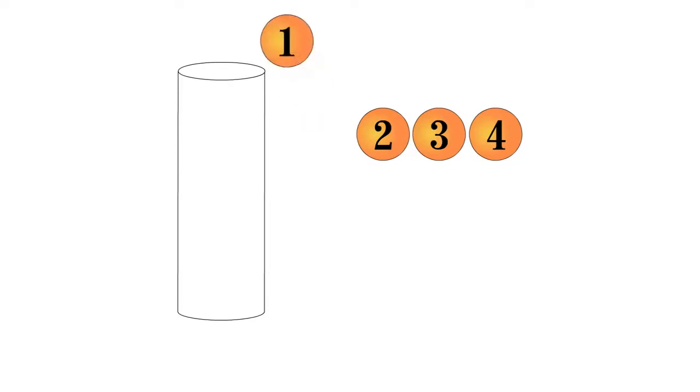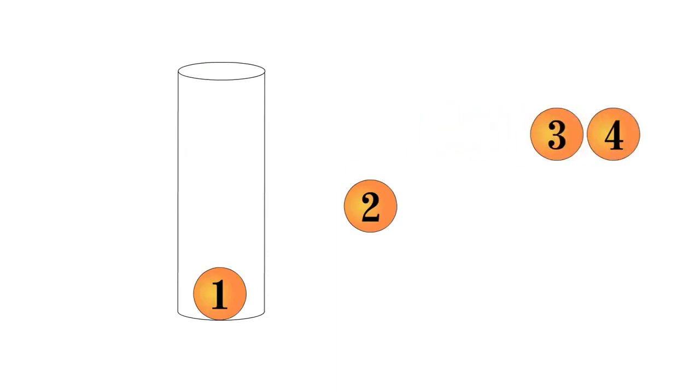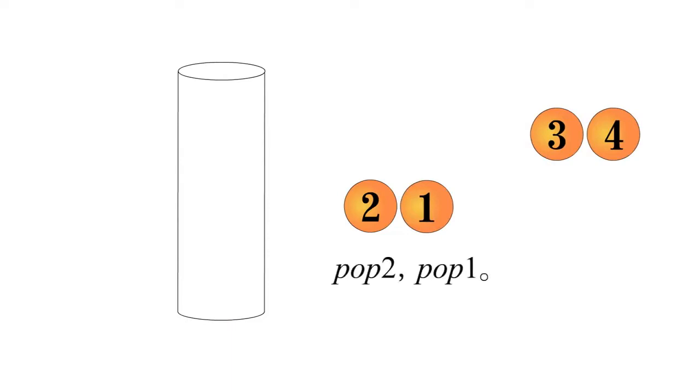Let's continue the previous example. For the numbers 1, 2, 3, 4, 1 is pushed in first, so that is at the bottom of the stack. Then 2 enters the stack, but now we have to use 2, so 2 has to be popped out first. 1 has to be used next, so 1 also has to leave the stack. Now we find that in fact we already have part of the popping sequence: 2 leaves first, followed by 1.